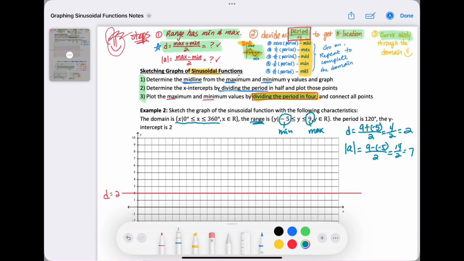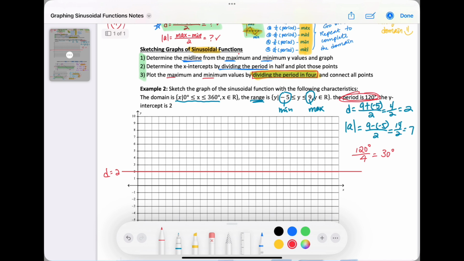Now, what else do we know from the given information? It is the period. The period is 120. We are going to divide that by 4. That tells me 30 degrees, and that's how I'm going to count on my x-axis. So on my x-axis, I'm going to count 30 degrees.